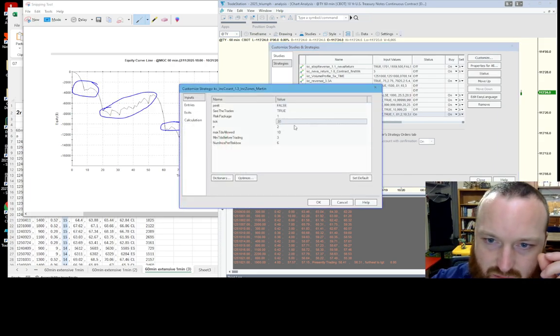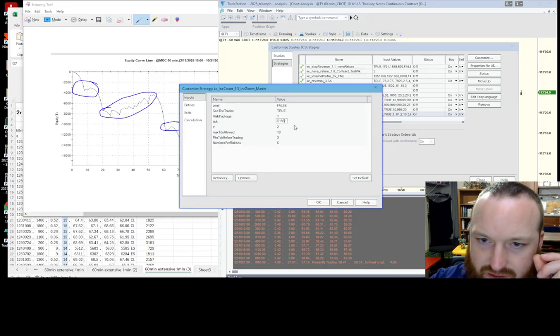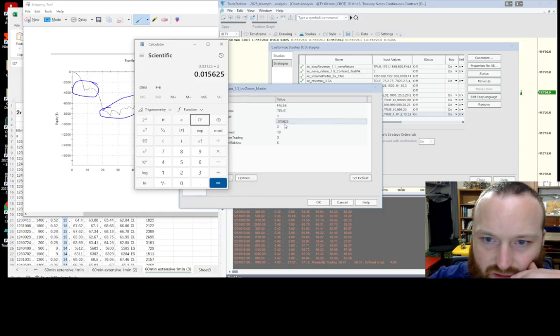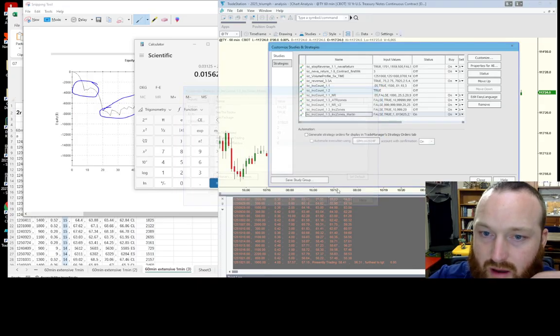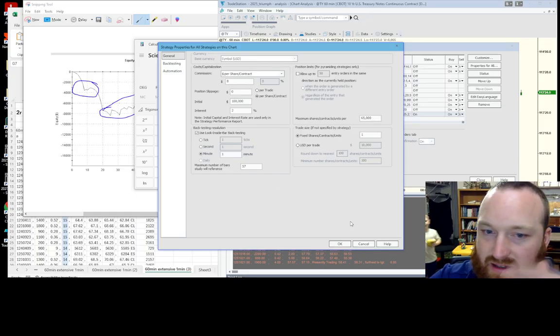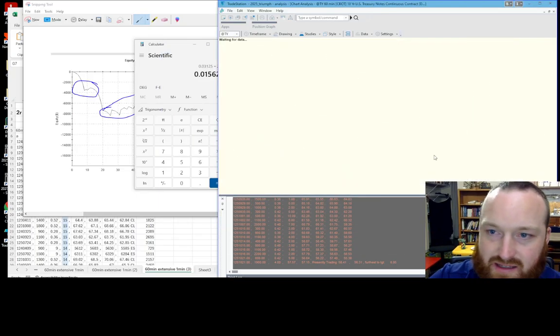The tick value is 0.01562. Hold on, 1 divided by 32. Divided by 2. 0.015625. That's correct. So let's run it. Remember, it's the same exact stats, exact same position sizing, exact same everything.